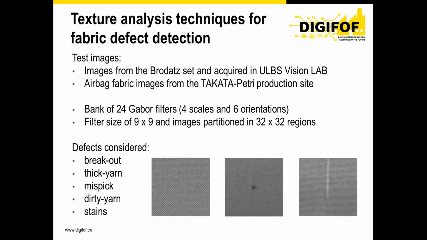It's called products because it was the name of the one that submitted it freely on the internet. So we used this set to validate our wavelet algorithm in order to find out if it works. And after that, we also used real life images that we have acquired with our cameras in our Vision Lab.